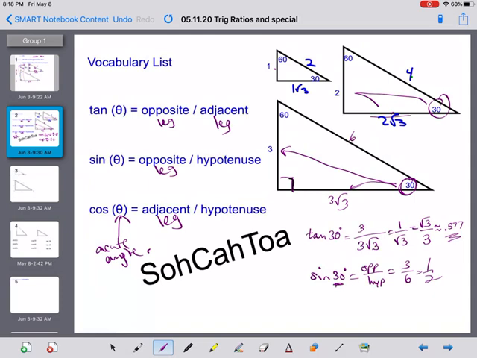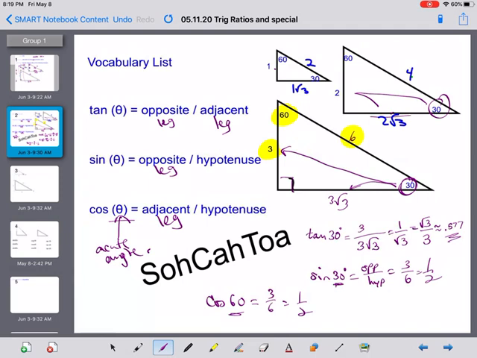All right? And you could do this with the 60-degree. Let's go to cosine of 60. So cosine is adjacent over hypotenuse. So here we have 60. So adjacent over hypotenuse. So adjacent leg over hypotenuse. So 3 to 6, also 1/2.